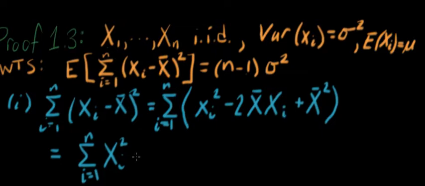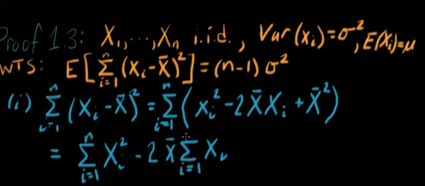So subtract 2 X bar, and then the sum of all of these Xi, summing over all the i's up to n.